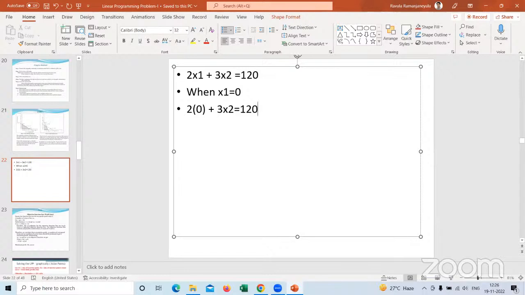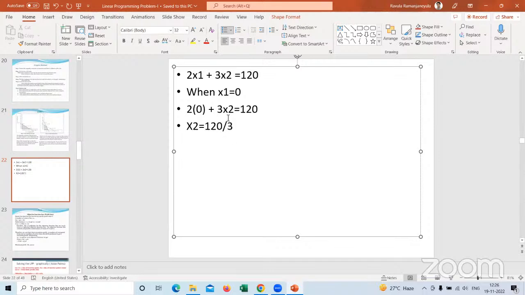Are you getting my point? What I want to say is, in the constraint equation 2x1 plus 3x2 equals to 120, assuming that when x1 equals to 0, what is the value of x2? Then you can get it easily: x2 is equal to 40, that is 120 divided by 3.